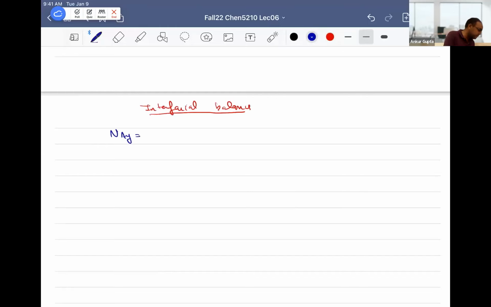NAY was (c minus CB naught) times the velocity of the interface VI. NBY was minus (CL minus CB naught) times VI. So this was the flux we calculate for A and B.